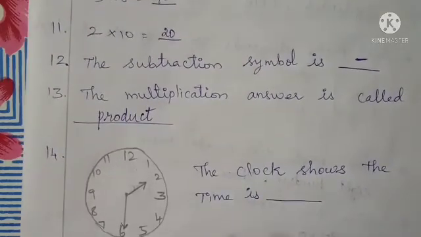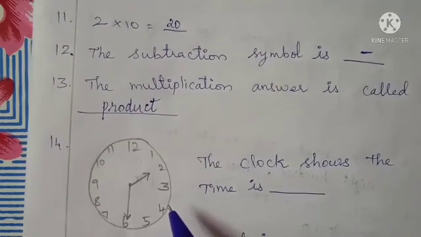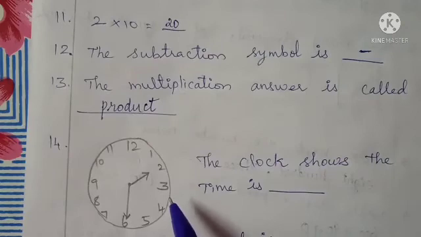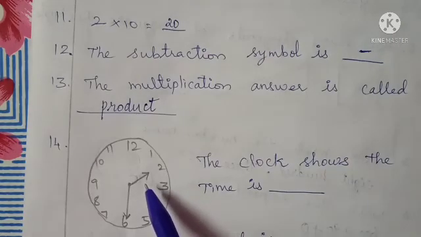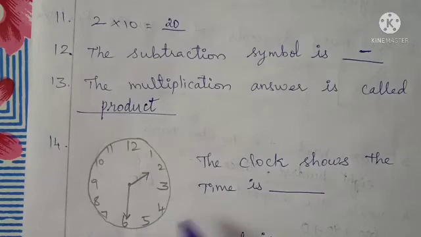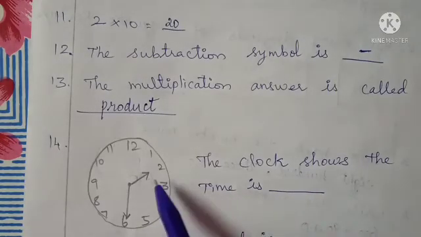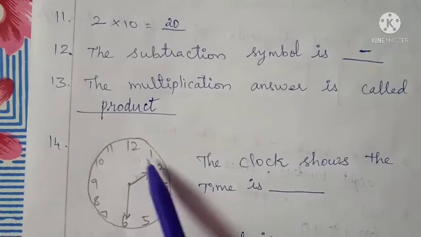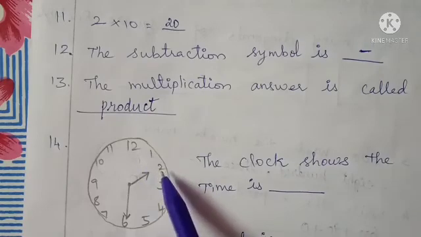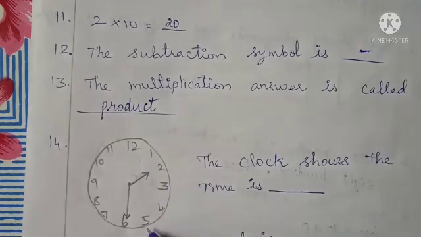Okay children, the last one. Here I show a clock. The short hand is at 2, the long hand is at 6. The clock shows the time. What is the time now? 2 o'clock. The minute hand has moved to this number: 1, 2, 3, 4, 5, 6.